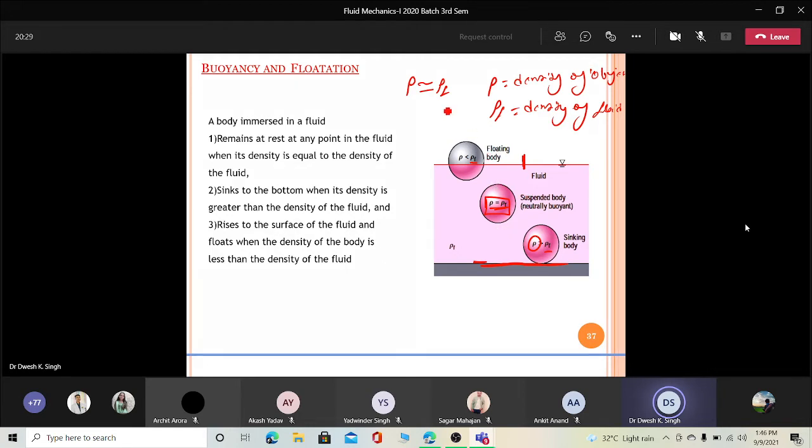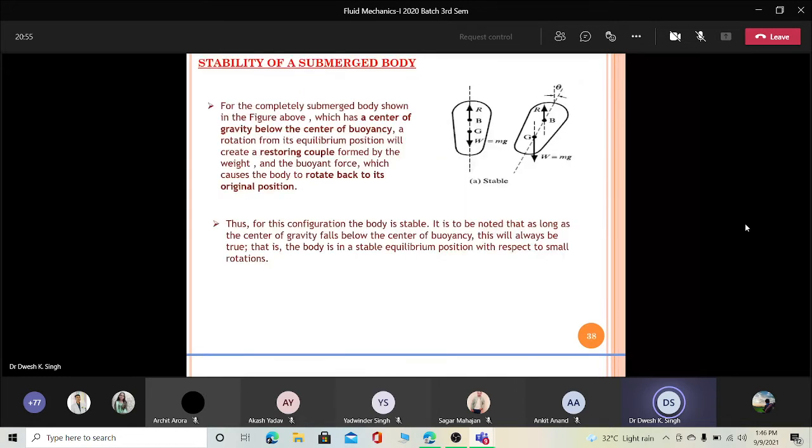So these are the three cases: the suspended, the submerged type, and then the sinking, which will completely reach the bottom surface.